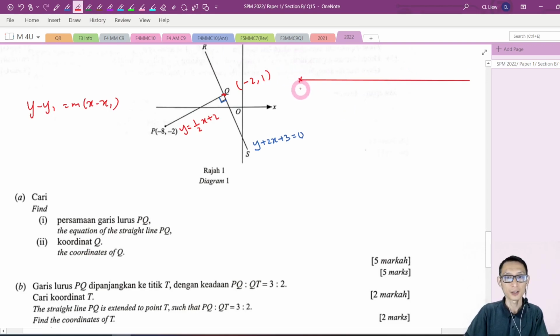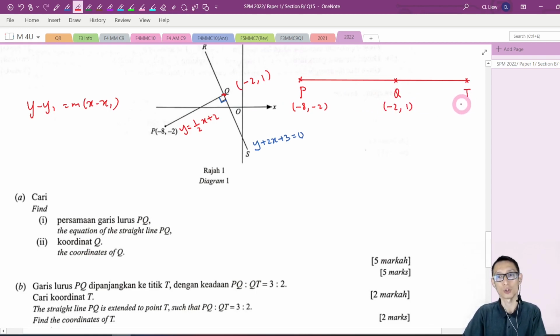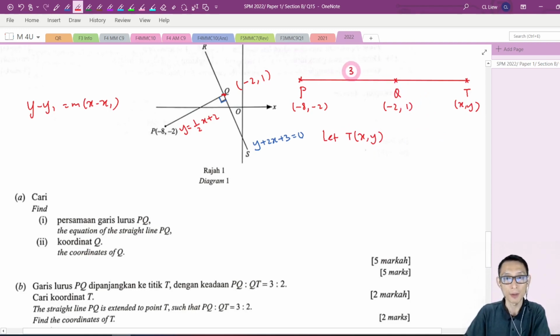This is P and this is Q, extended to T. The coordinate of P is negative 8, comma negative 2, Q is negative 2, comma 1, T we don't know, we want to find. I just let the coordinate of T be x, comma y. You can use other variables. So PQ is 3 parts and QT is 2 parts.